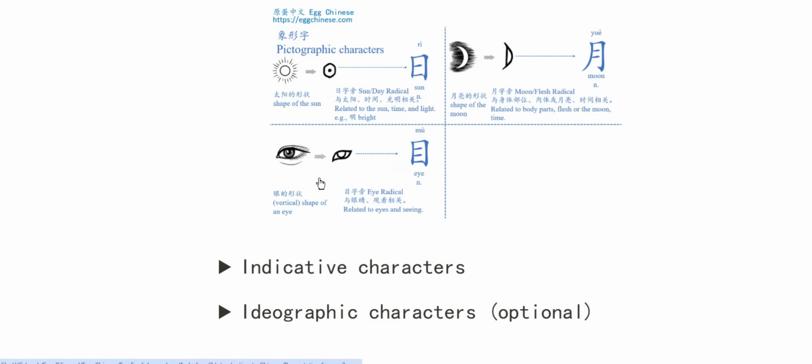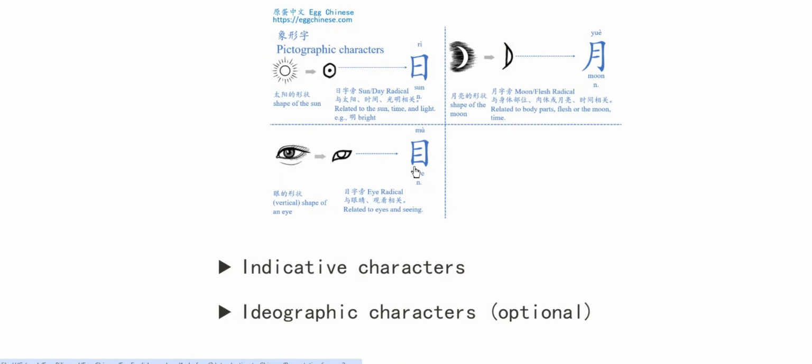Next one, we can see a vertical shape of an eye. So this is an eye. This is the shape of an eye, and this is also an ancient Chinese character meaning the eye.